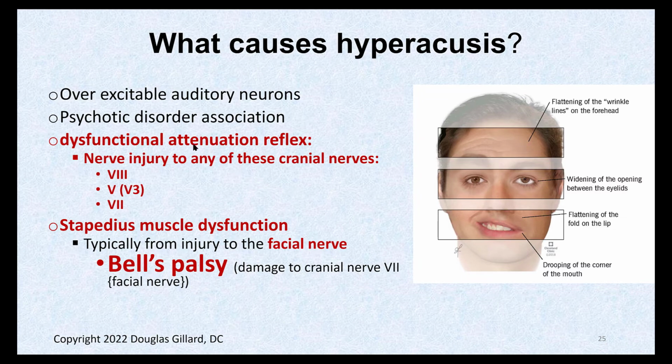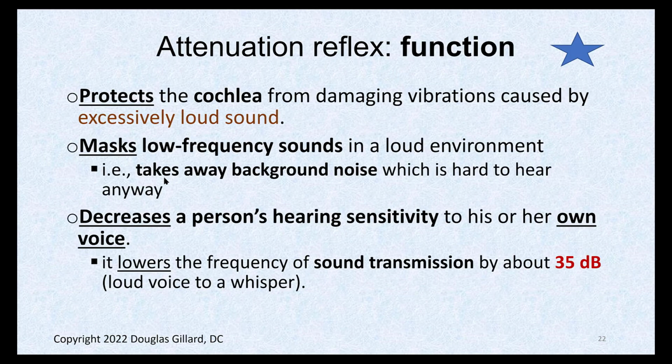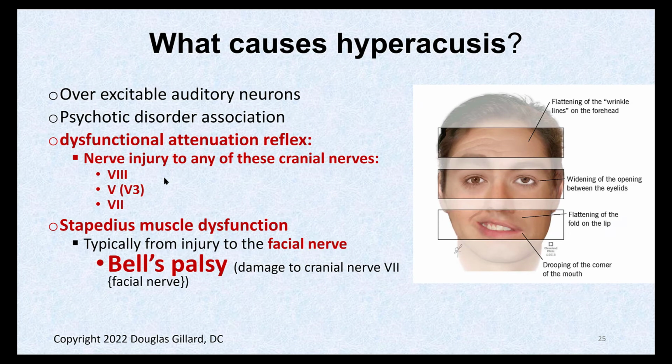Also people with dysfunctional attenuation reflex. So if you have a neuroma, which is a tumor on the nerve, or a tumor next to a nerve that's compressing it, any injury to 5, 7, and 8 could cause hyperacusis because that protective mechanism we talked about, that attenuation reflex, is out of action. So the sounds are going to seem too loud.